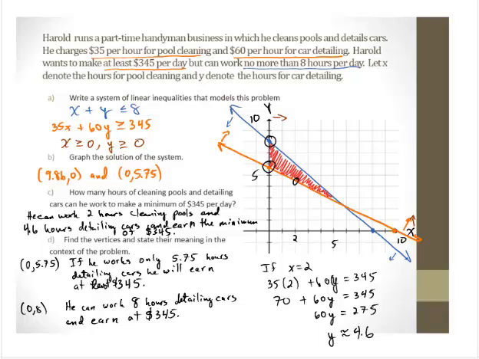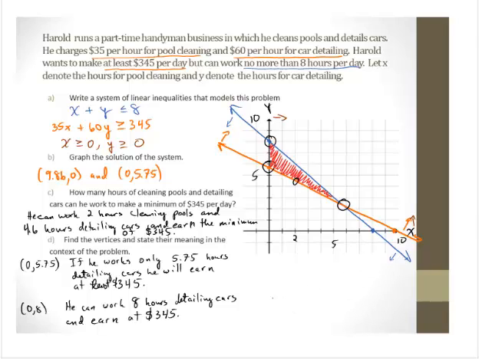So that other vertex, let's solve the system x plus y equals 8 and 35x plus 60y is equal to 345. I'm going to make a substitution here. I'm going to say that y is negative x plus 8. So then 35x plus 60 times negative x plus 8 is 345.